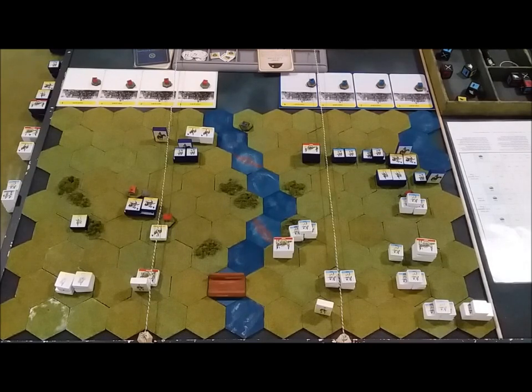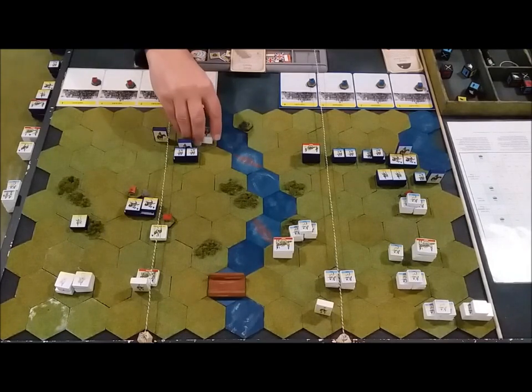So is a short supply going to help us at all? I think it might actually help us out this time. So we're going to use short supply on an enemy unit, remove it from the hex it occupies, place it in the baseline hex in the same section of the battlefield.